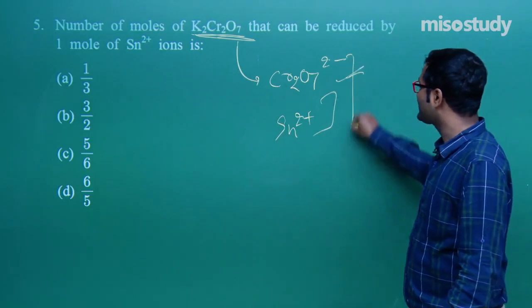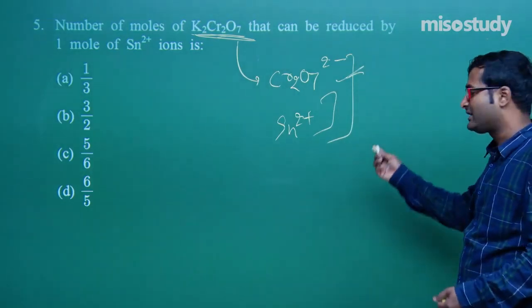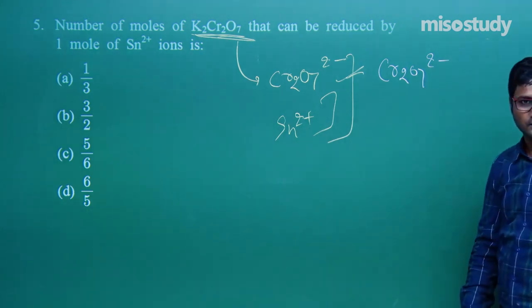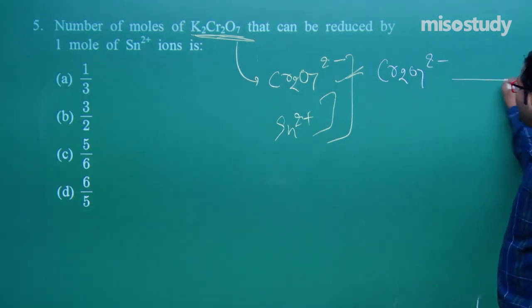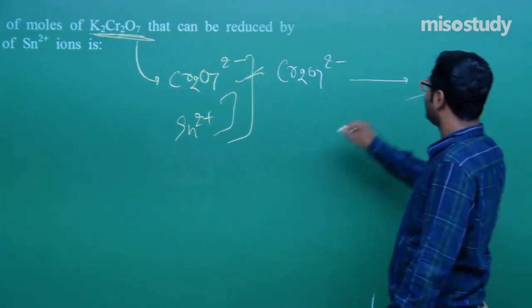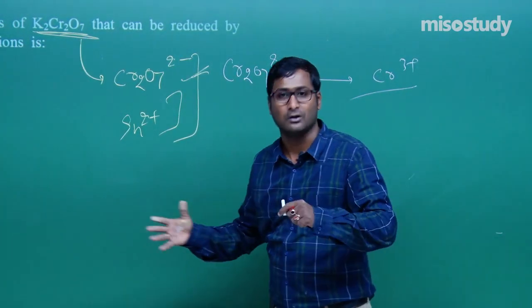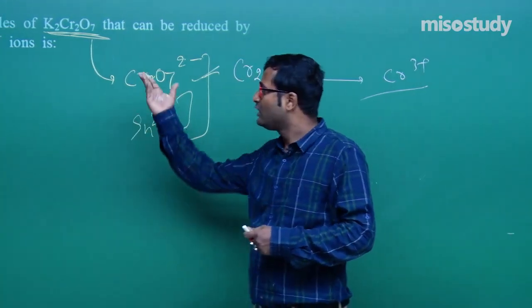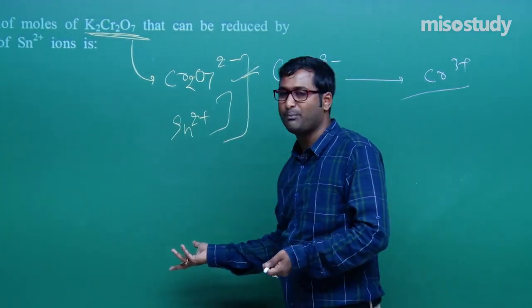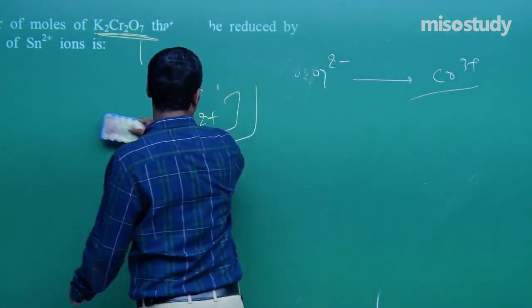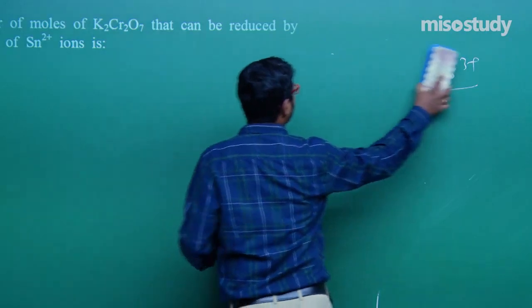Now how will the reaction proceed, tell me in this case. It's very simple. If I put here Cr2O7 2 minus first, then it will be converted into Cr3 plus. Clear to you? First of all, I am going to give you the detailed solution. Otherwise it is very easy to get the answer, that will be equal to 1 upon 3. Why is it so easy?